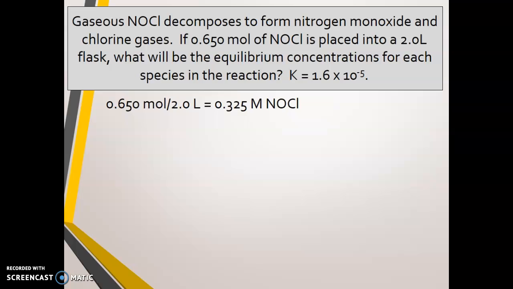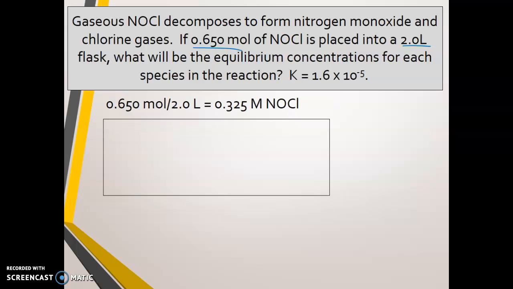To figure out the initial concentration for NaCl, I'm taking my moles and dividing by my volume. So then my RICE table: NaCl is decomposing into NO and chlorine, and it is balanced.